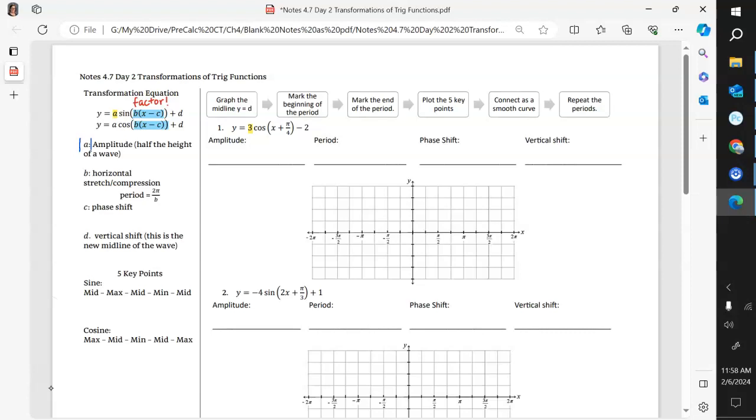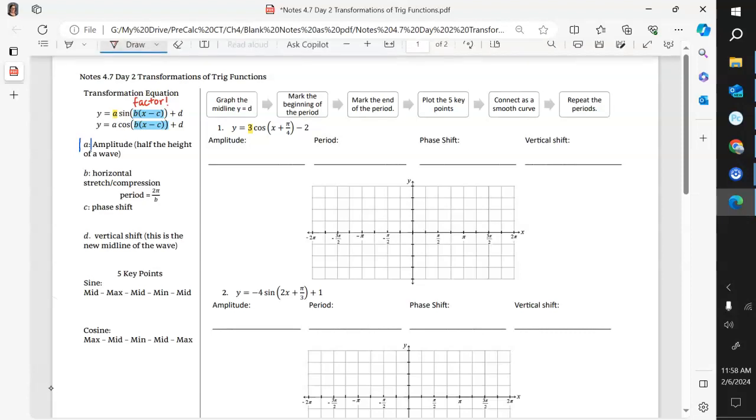If it's a compression, then that would be a larger number, so that would make the period smaller. The standard period is 2 pi, so the way we get the new period is we do 2 pi divided by b.